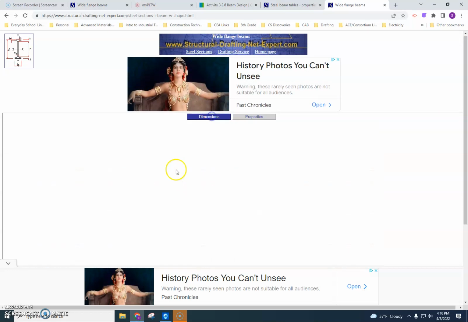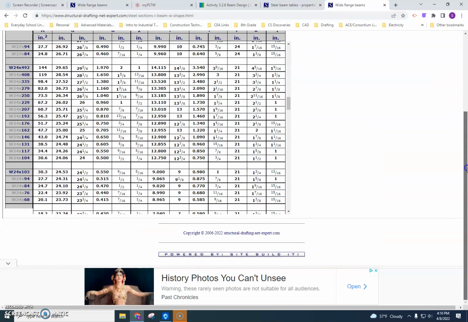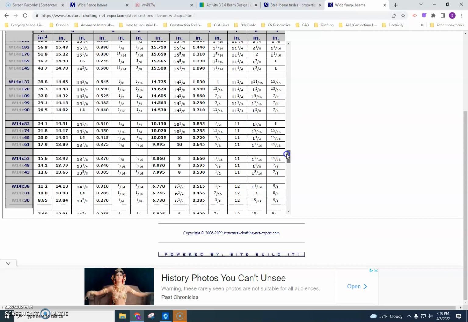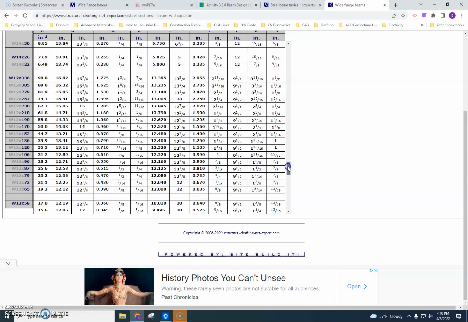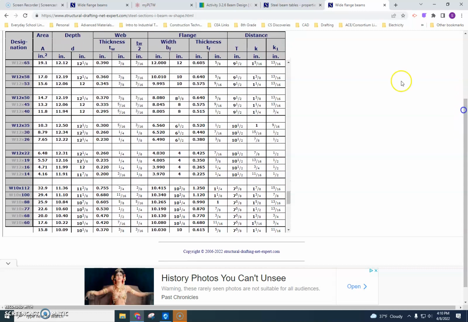I need to go to my dimensions, and I got to scroll all the way back down to my 12x14. And here it is. And what I want to look at is the thickness. So my AW is going to be D times TW. And here's my D right here.